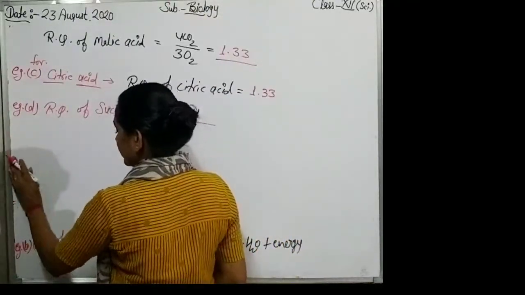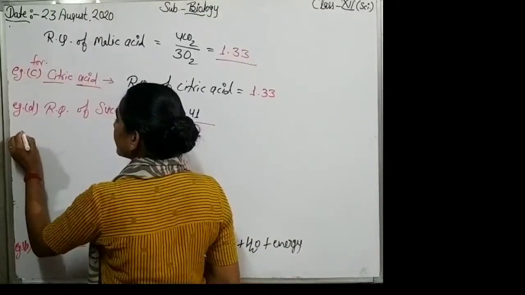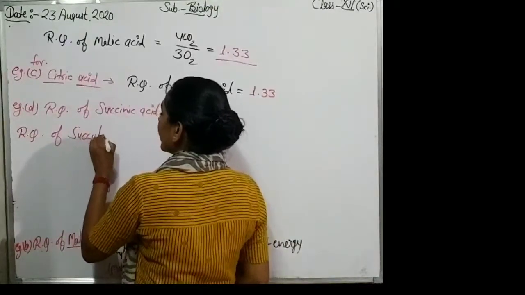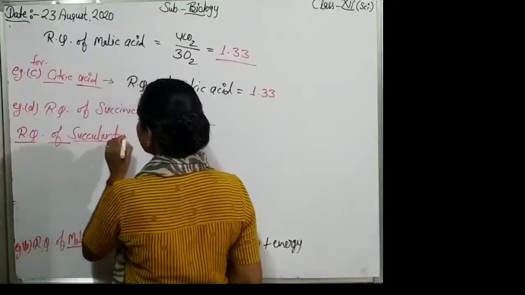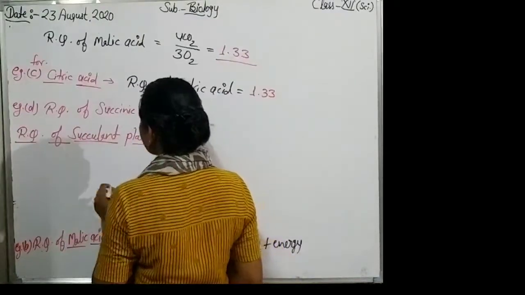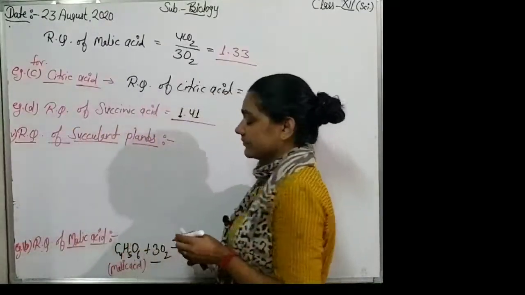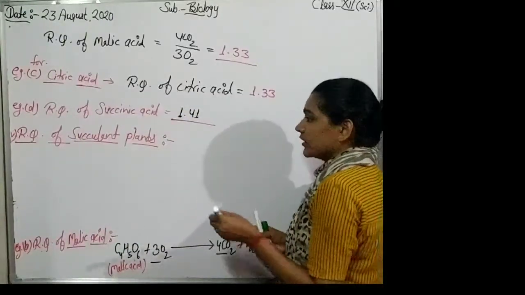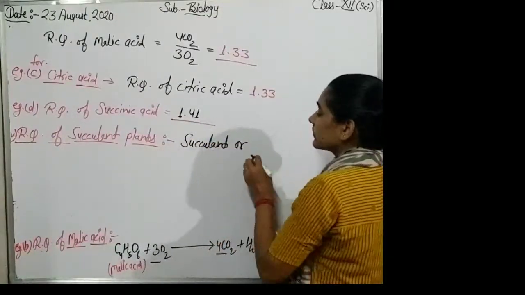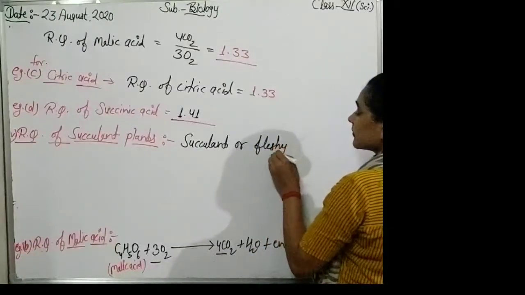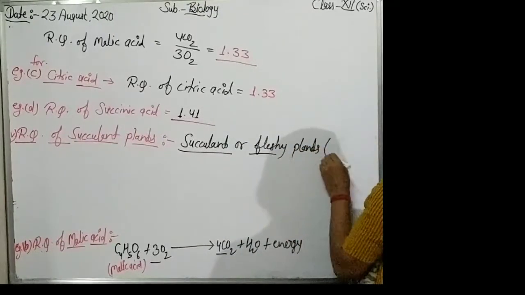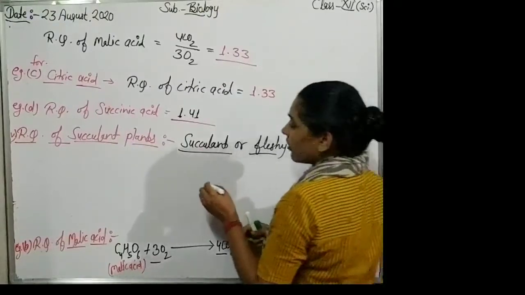Now next, RQ of succulent plants. Fifth, succulent or xerophytic plants, fleshy plants like Opuntia.